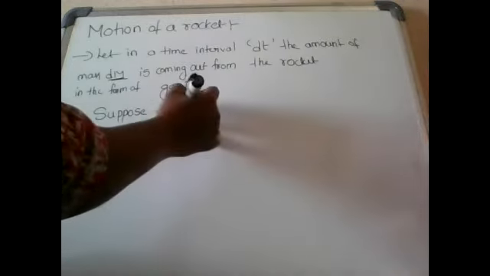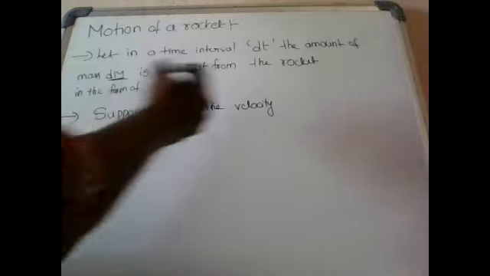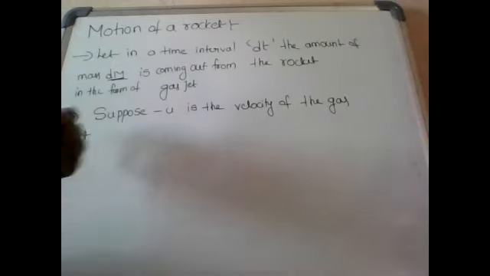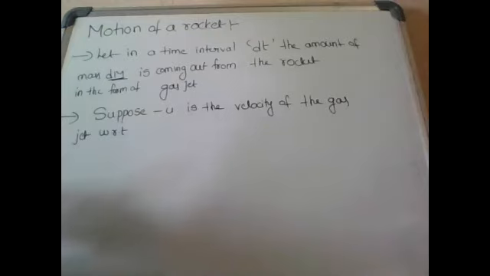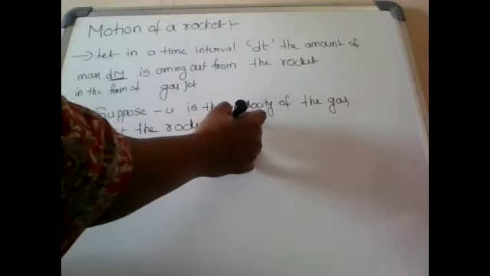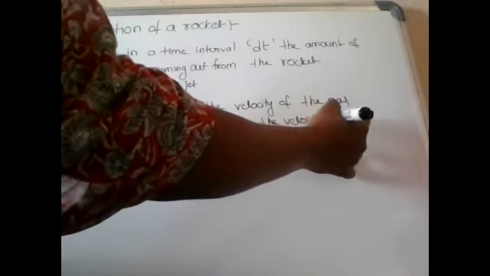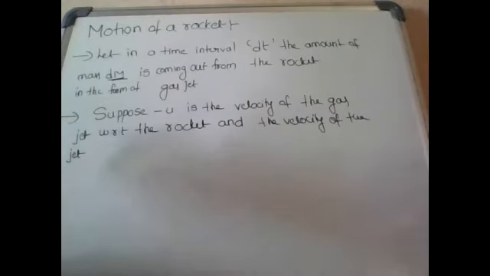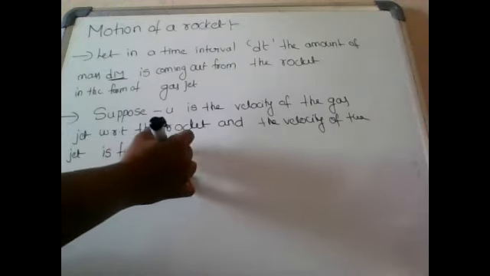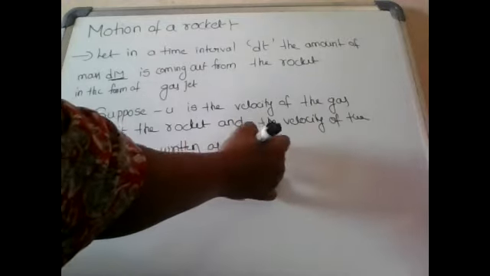Next, suppose minus u is the velocity of the gas jet with respect to the rocket, and the velocity of the jet is finally written as v minus u.